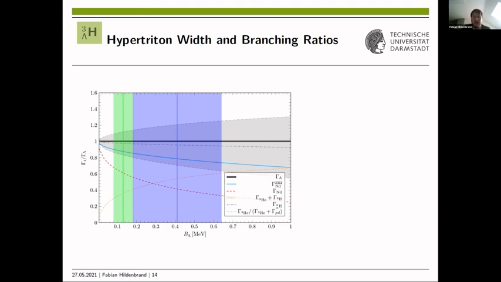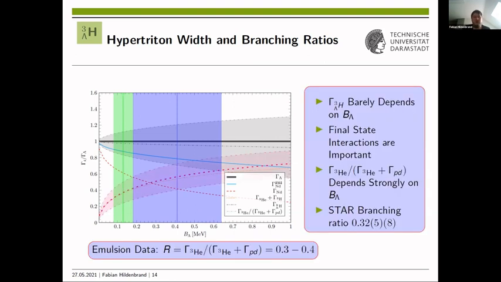But if you look at another property that actually can be measured, which is this branching ratio, which is here, this red line, this does depend, because the partial decay width depends so strongly on the binding energy.